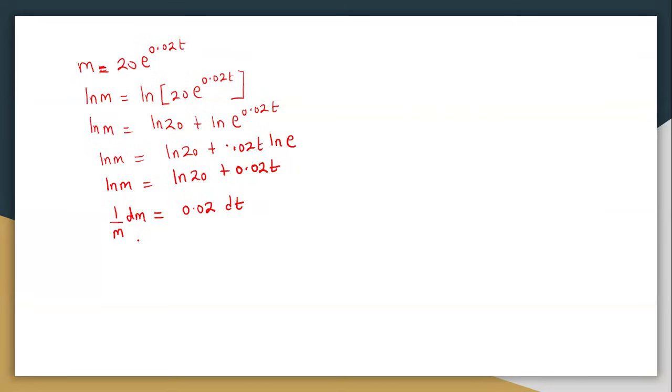And I'm going to get 1 out of M dM/dt is equal to 0.02. Then I multiply M on both sides. I get dM/dt is equal to 0.02M. But they told us M is 100.